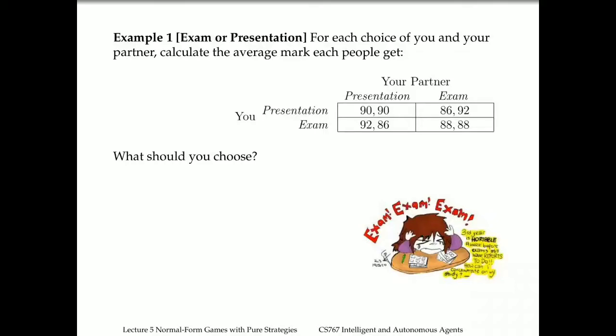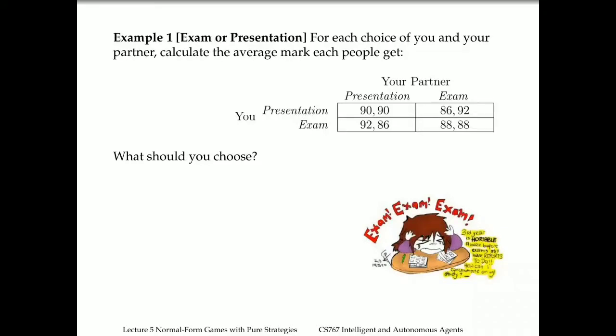Altogether he'll get 92 as overall grade, but you only get 86 because you did not prepare for the exam. So in this case, you have been taken advantage of by your partner.